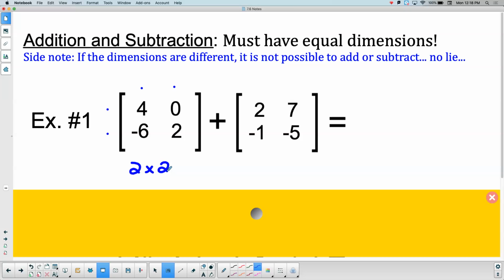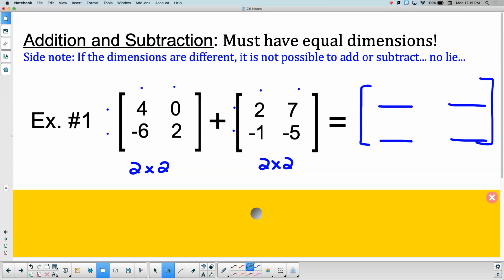The second one also has 2 rows and 2 columns, so they are the exact same size because the dimensions are exactly the same. That being the case, my result is going to be a 2 by 2 matrix.